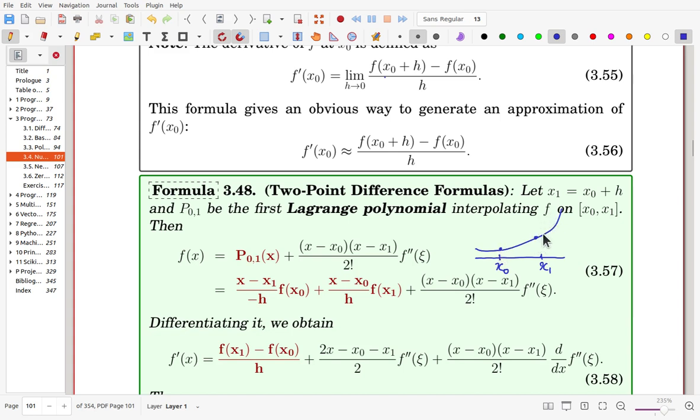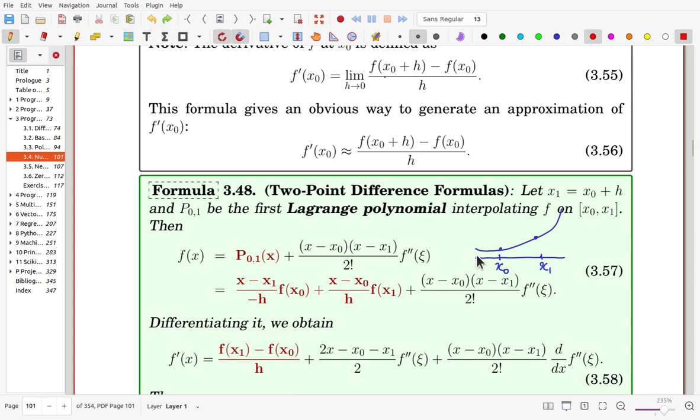Now it is related with the first Lagrange polynomial, which means the line passing these two points. Okay, let's try to draw the first Lagrange polynomial. There's a line.